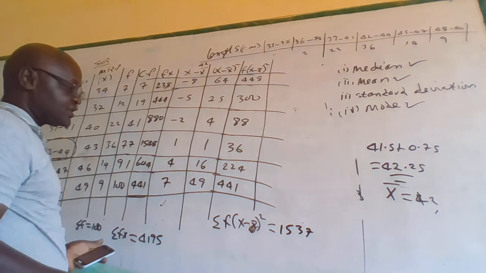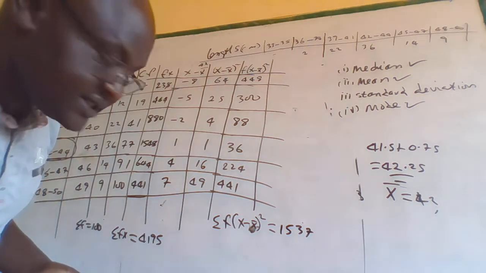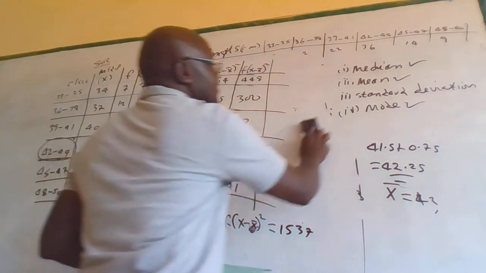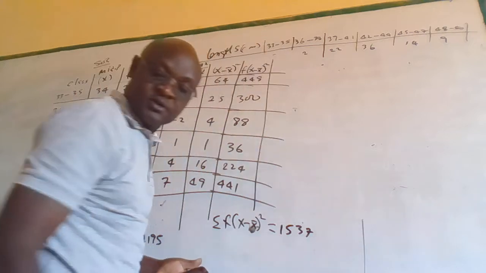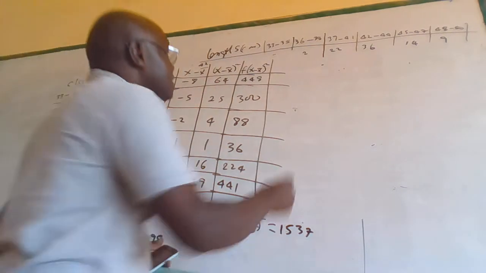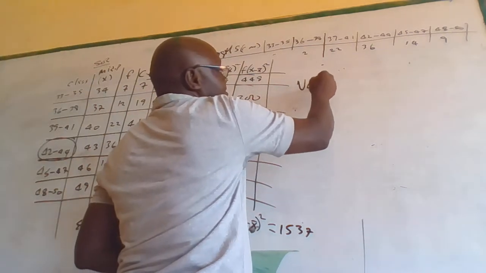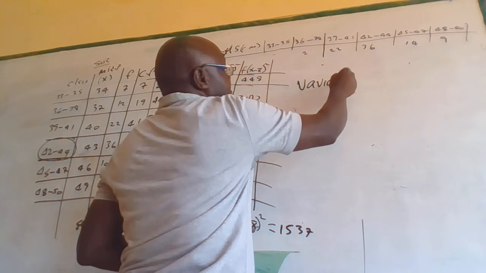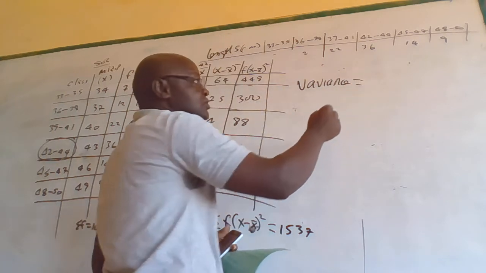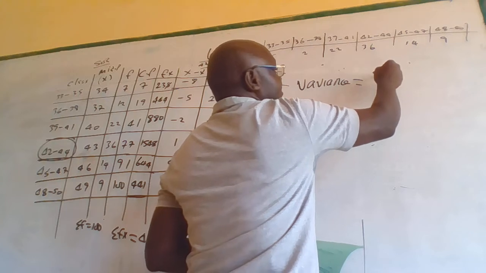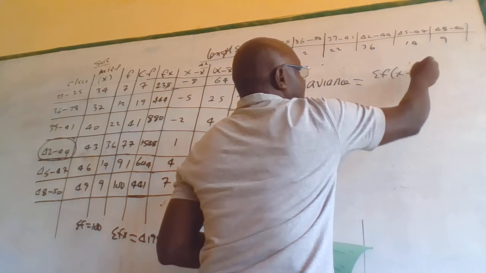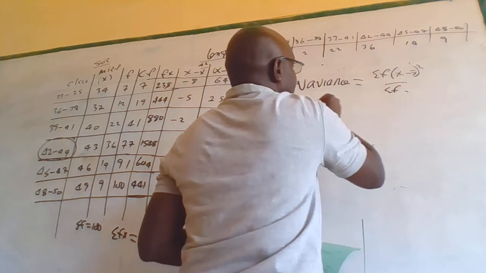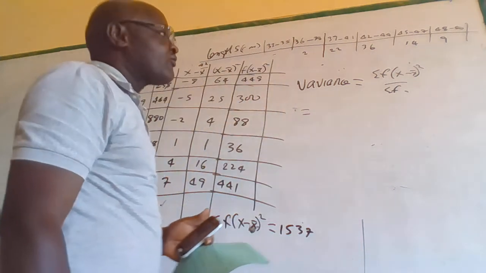Now once we have this, we get the variance. Variance equals summation of f of x minus x bar squared over summation of f.